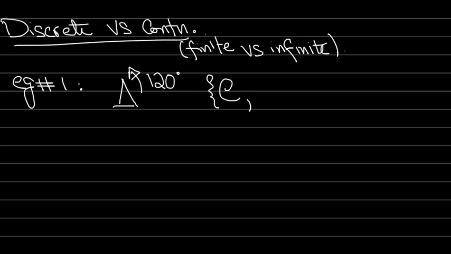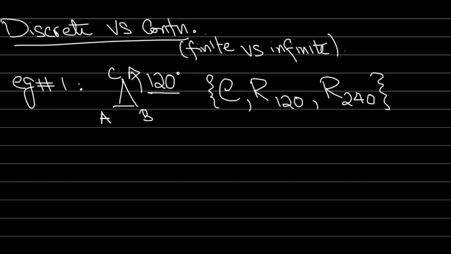And then you have rotation of this 120 degrees, and then you can even rotate it by 240 degrees. So these are the different types of rotations that you can perform on this triangle, and that is, if you were to label the sides of these triangles as A, B, C, so each side is different, and that's why you have this set of transformations that you can do.